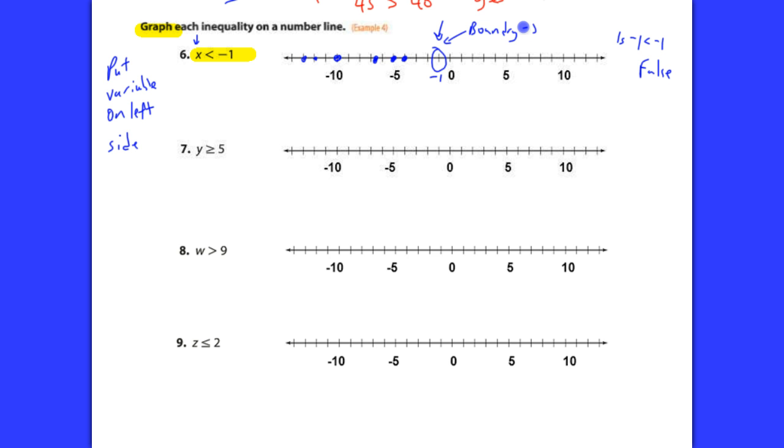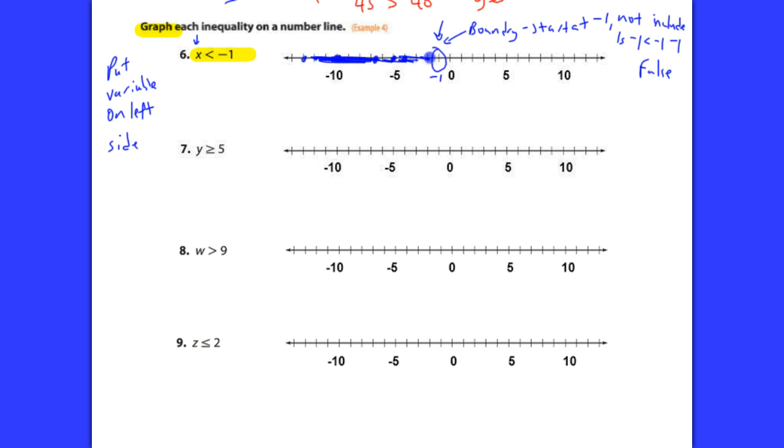You start at -1, but don't include it. I'm sorry, my note is getting messy here because I ran into my other part, but don't include -1. That means I'm going to start at -1, but -1 is not a solution, but every point to the left of -1 is a possible solution.